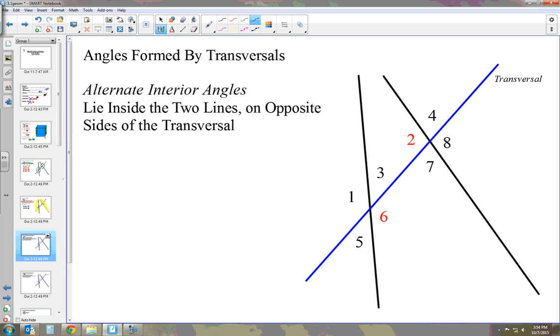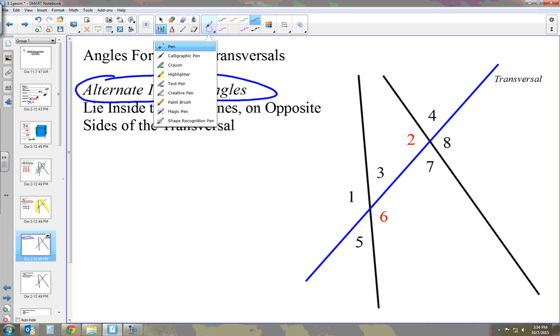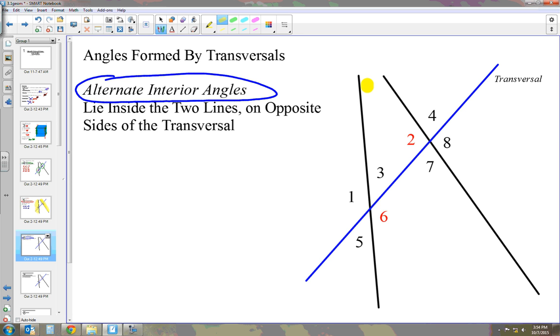We now have alternate interior angles. So we're looking at the inside now of the two black lines. The inside right here, so we only can look at 3, 2, 7, and 6. And alternate, once again, means opposite of the transversal. So if we look at 2, we go opposite of the transversal and all the other side.